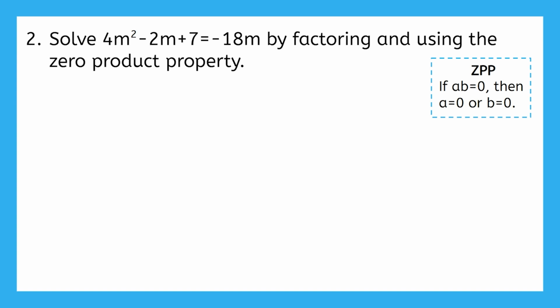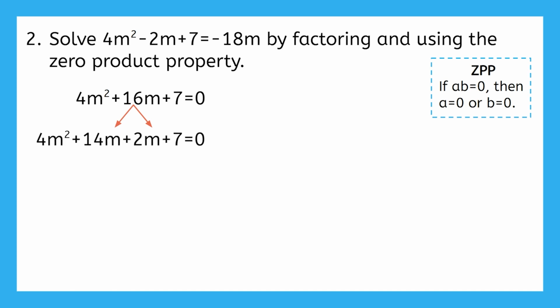So first, I'll add 18m to both sides of this equation, making 4m squared plus 16m plus 7 equals 0. To factor the quadratic, we need to break up 16m into two terms whose coefficients multiply to a times c, which is 28, and add to b, which is 16. That would be 14 and 2.